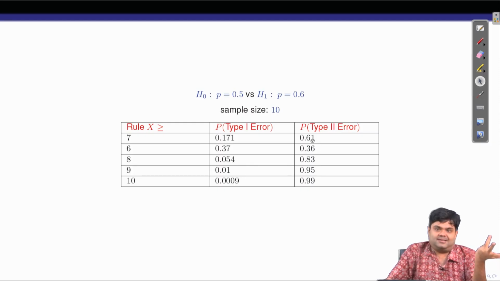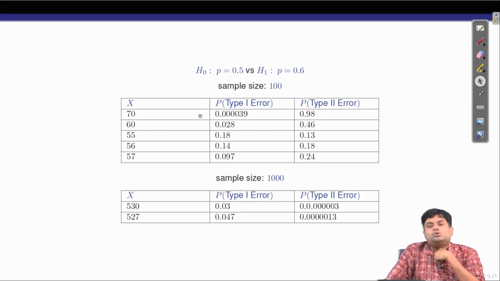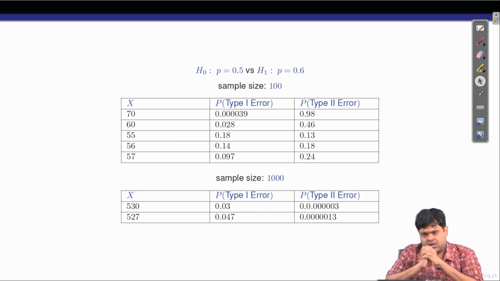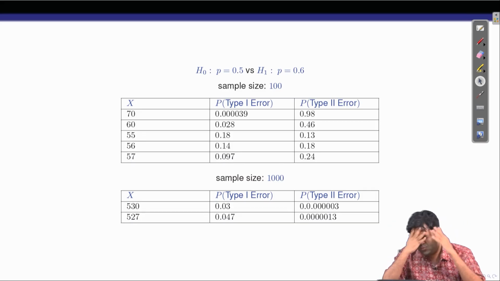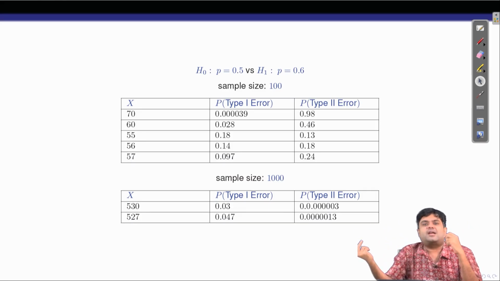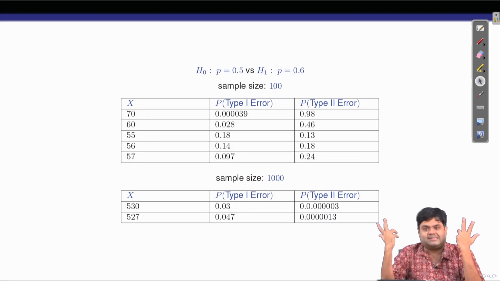But then there is a giveaway. If you try to protect the null hypothesis too much, you end up increasing the probability of type 2 error, which is clear here. So, quickly, just to wrap up this discussion, you want a test where both the null hypothesis and the alternate hypothesis are protected, that is, a test where both type 1 error and type 2 error are less.